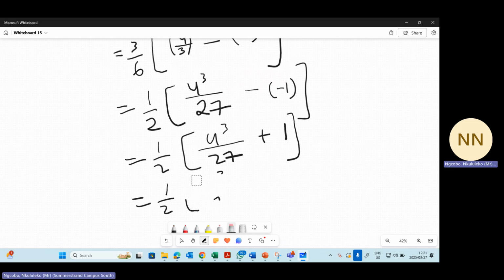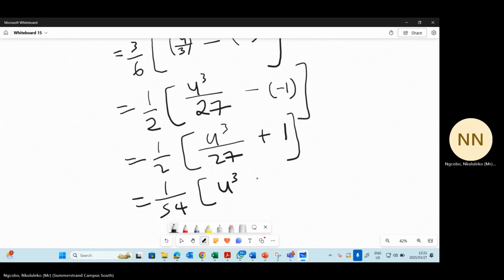So let's multiply this by 27. So 2 times 27 is 54. So this is now 1/54 of u cubed plus 27.